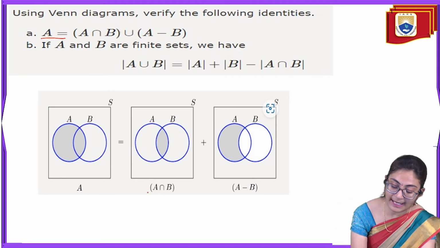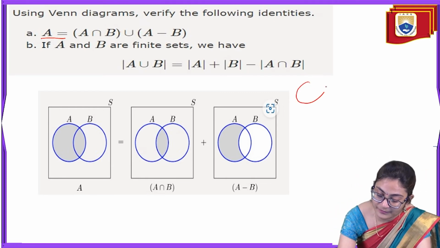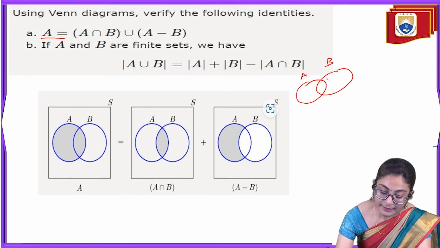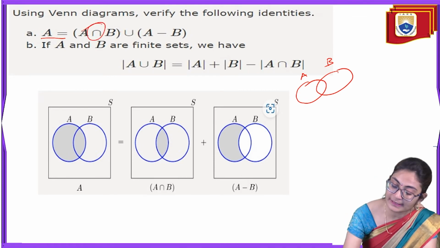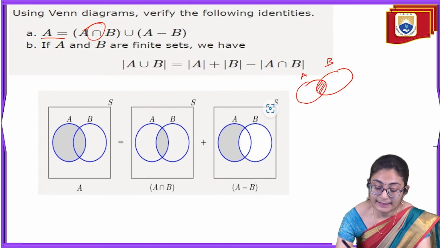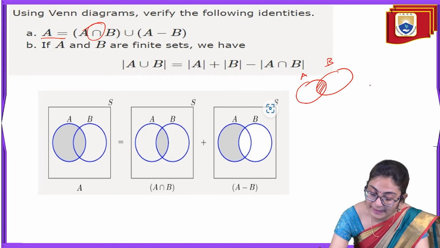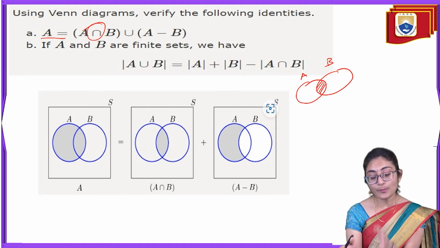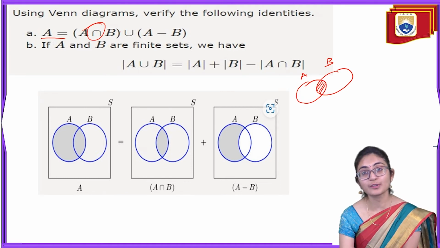Here these are our two sets, set A and set B. First, you have to find the intersection. So, this is the common portion. Then you have to find A minus B. A minus B means from A, we have to remove B.